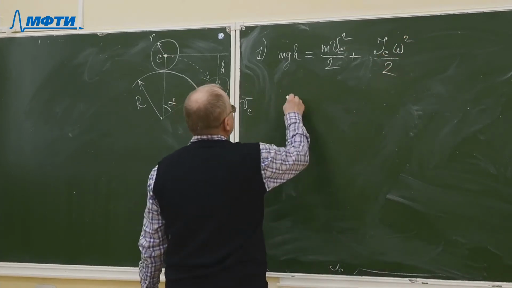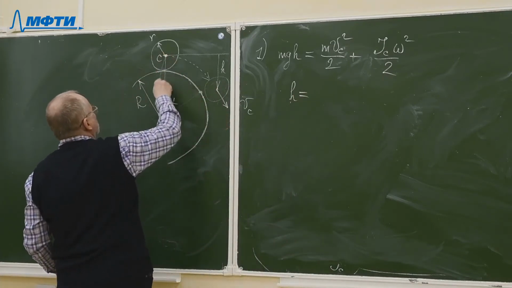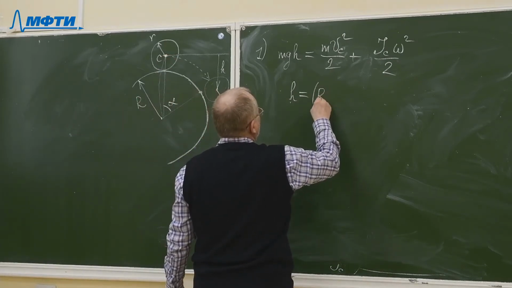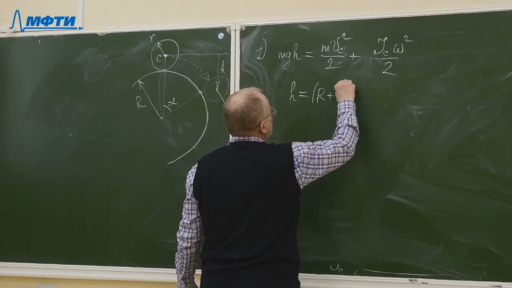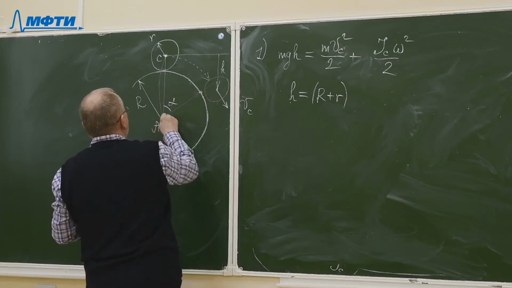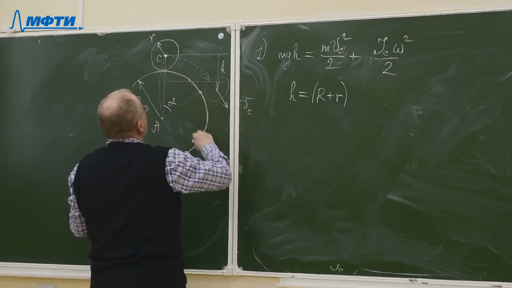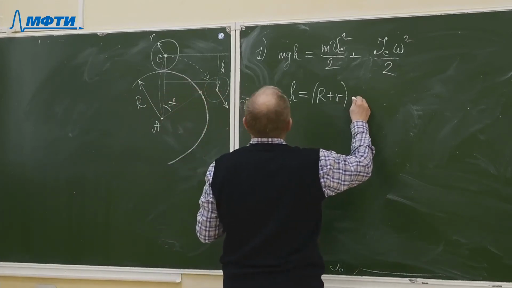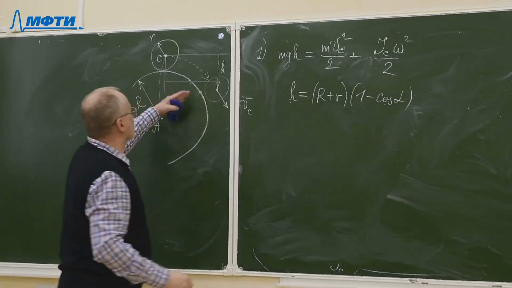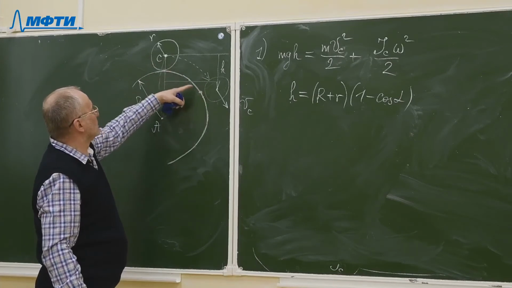And again, as in the previous problem, h will be calculated as the total initial height, which is capital R plus lowercase r, that is the total distance from point A to point C, minus the final distance. That will give you 1 minus cosine alpha for any angle alpha while the sphere rolls down and is in touch with the surface.